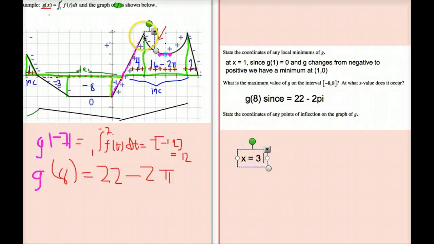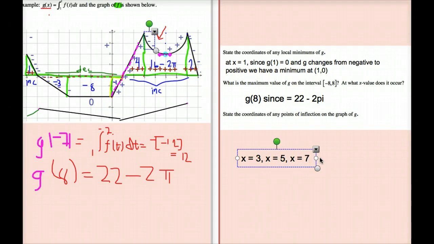Then I see I go from negative to positive right here, which is when x is equal to 5. And then once again, I go from positive to negative, which happens at x is equal to 7.